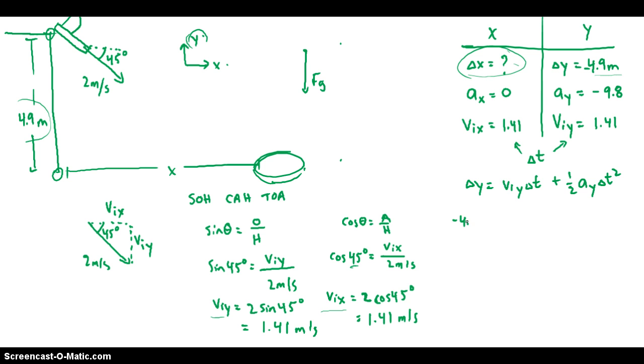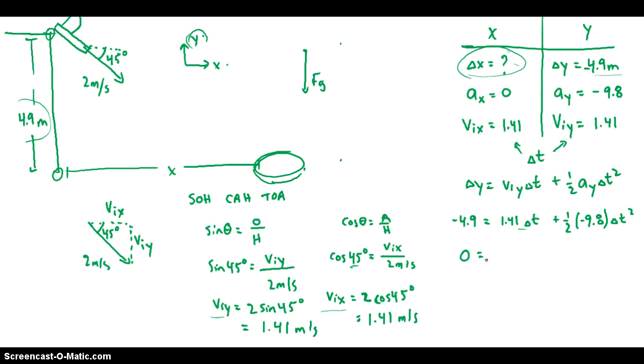Let's plug in our numbers. Now you might recognize we've got a t squared, a t, and some number. If we can't factor this, we're going to have to use the quadratic equation, so I'll go ahead and do that.